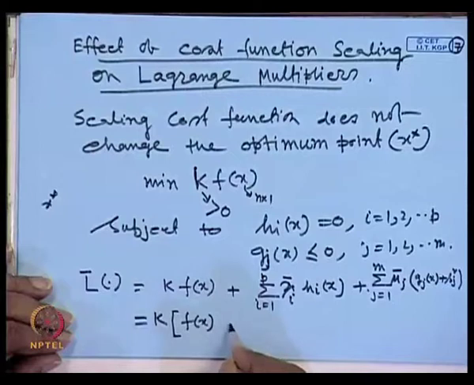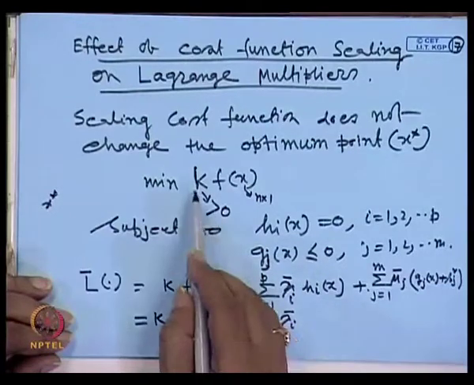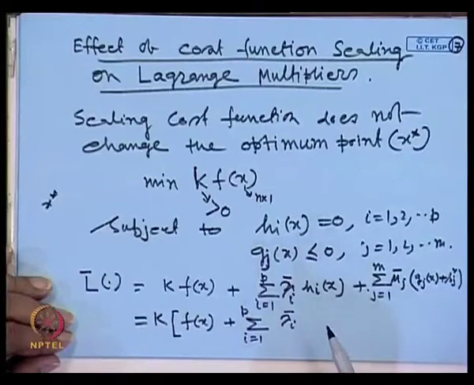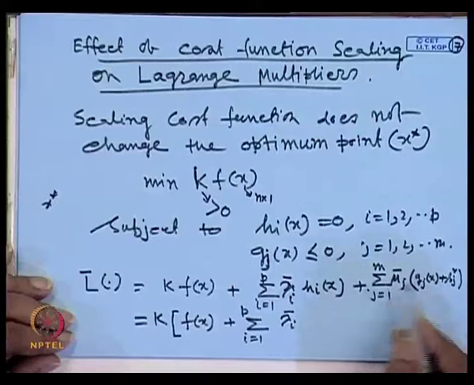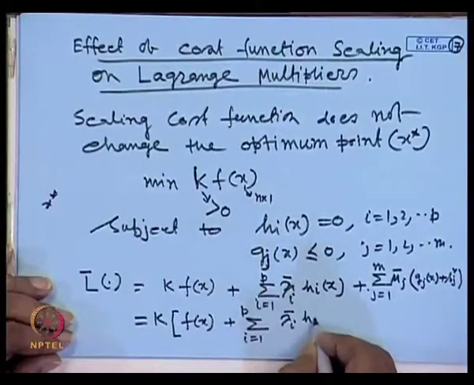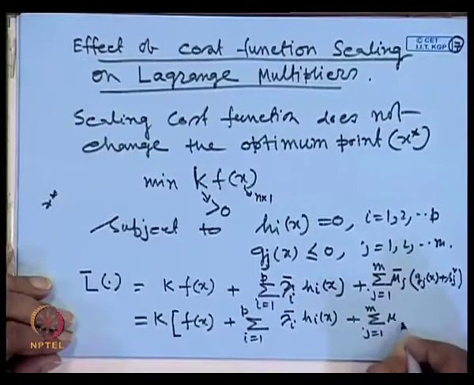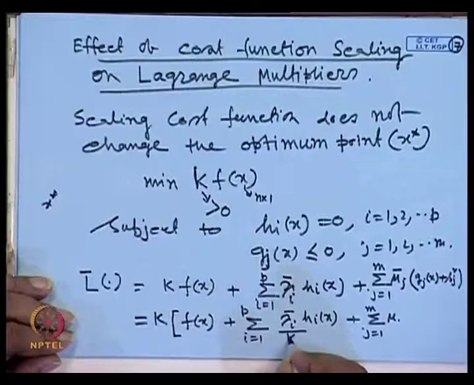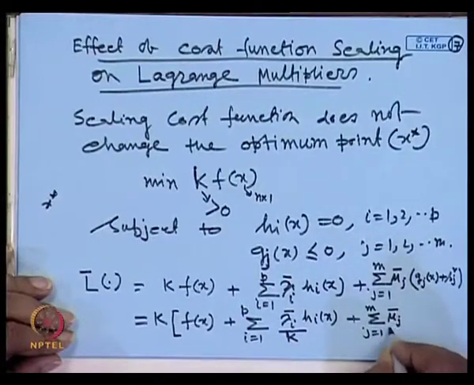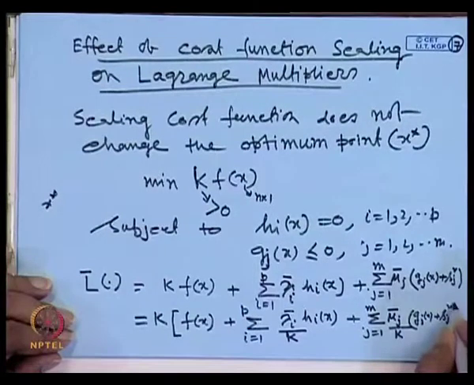It becomes k times f of x plus summation of i equal to 1 to p, lambda i bar divided by k, into h i of x, plus summation of j equal to 1 to m, mu j bar divided by k, into g j of x plus s j square. Here lambda i bar is the Lagrangian multiplier associated with the equality constraint, and mu j bar is the multiplier associated with the inequality constraint for the new objective function.